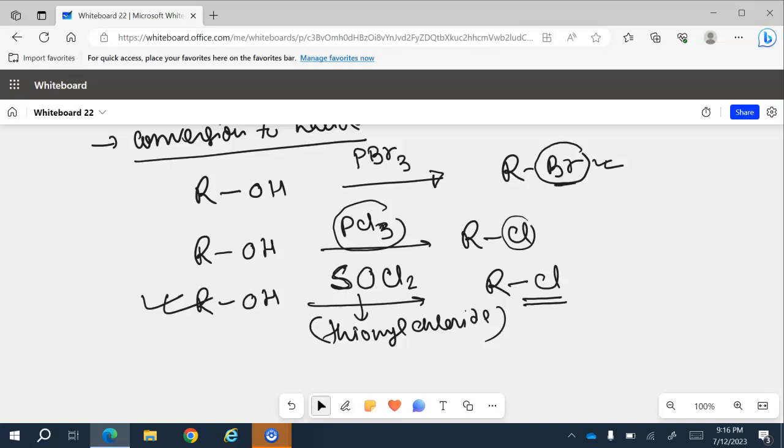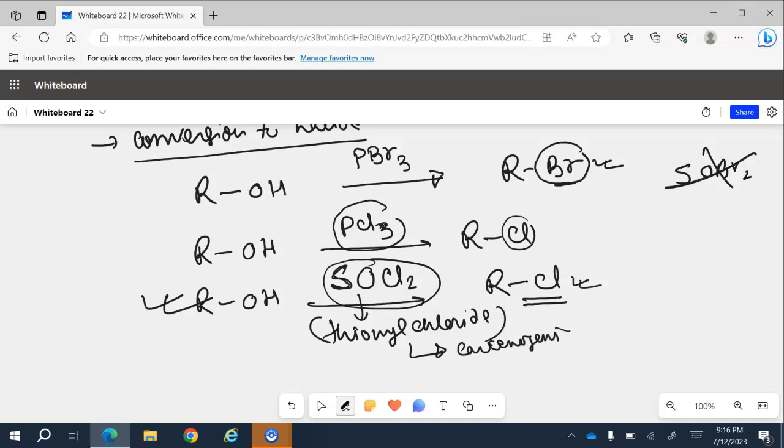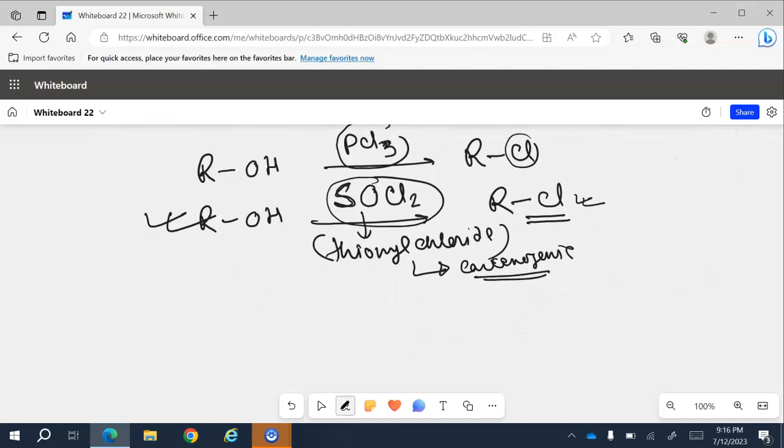But be careful for bromide. You don't have SOBr2. We don't have this one, so you cannot use that. Only thionyl chloride for chlorine only. So this is the best reagent. However, one precaution that you need to take is that thionyl chloride is somewhat carcinogenic, it can cause cancer, so you need to be very careful while using this one. And there is also what we call the Lucas reagent.